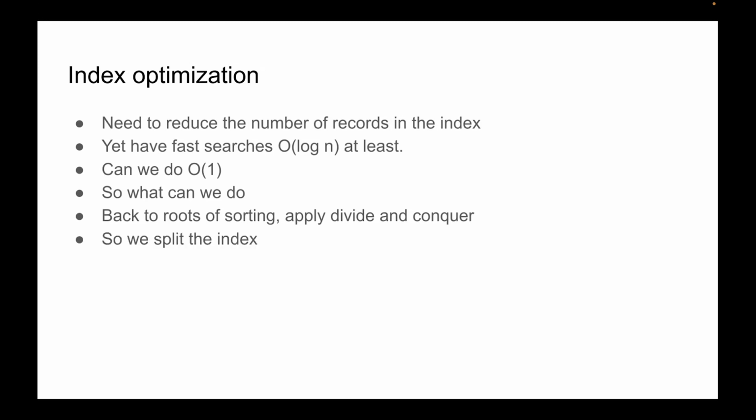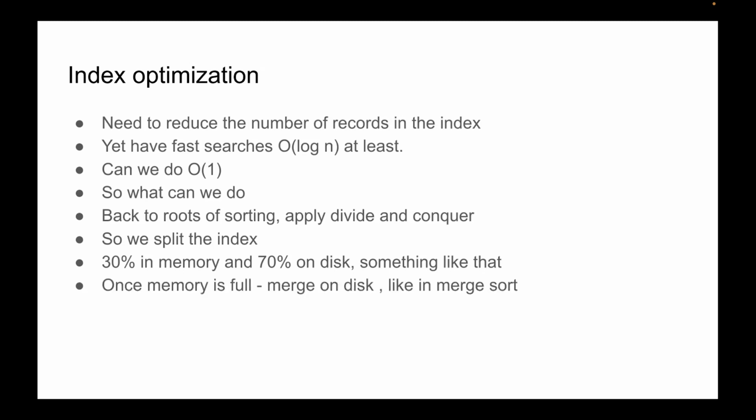But how do we split the index? Is it a 50-50 split, or a 30-70 split, or a 60-40 split? I think the ratio is not that important. What is important is that we have some percentage of the index in memory, and the remaining percent on the disk.